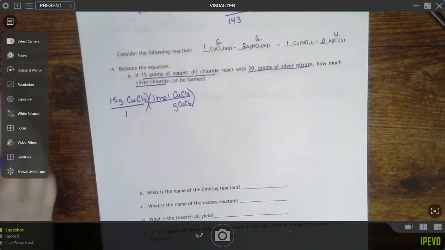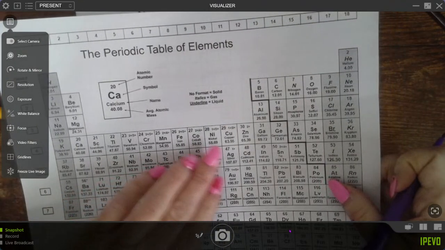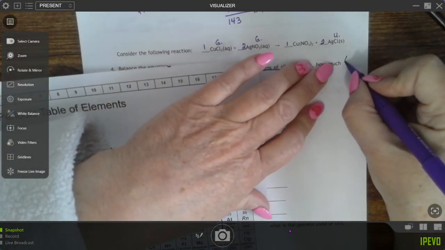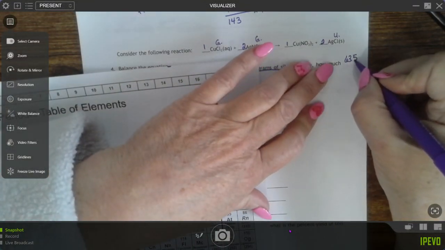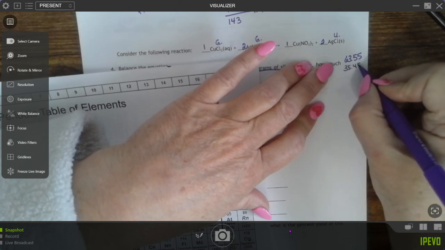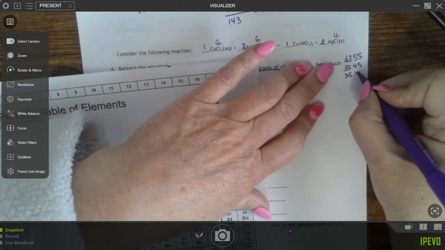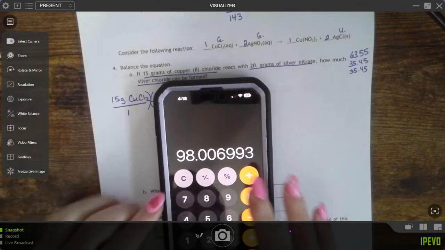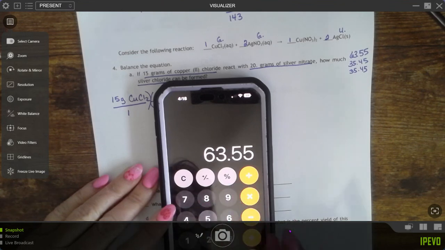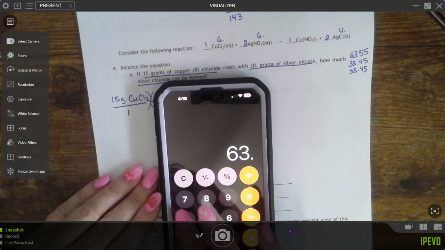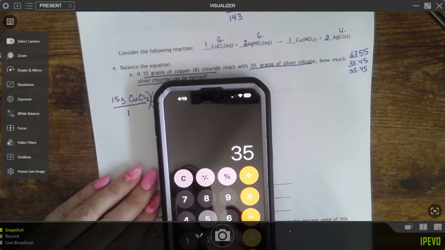So we need to figure out the molar mass. So copper is 63.55. And chlorine is 35.45. All right, let's add this up. 63.55 plus 35.45 plus 35.45.